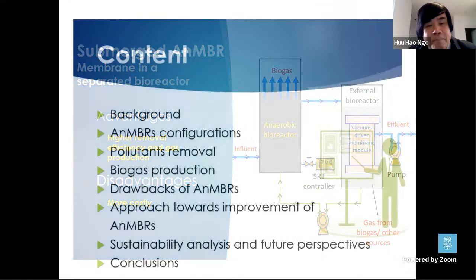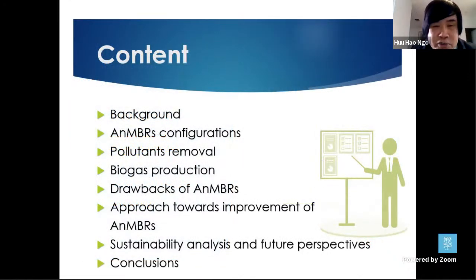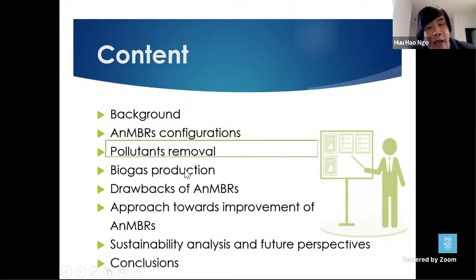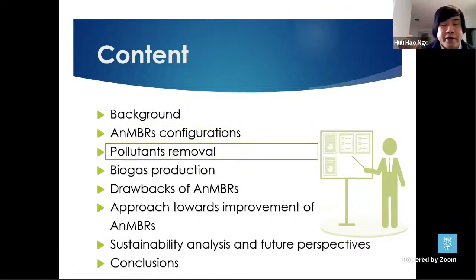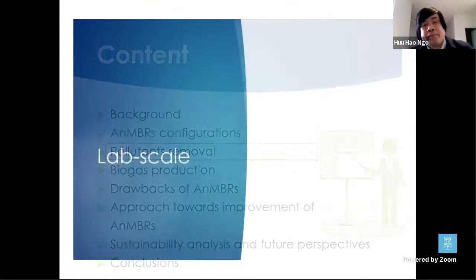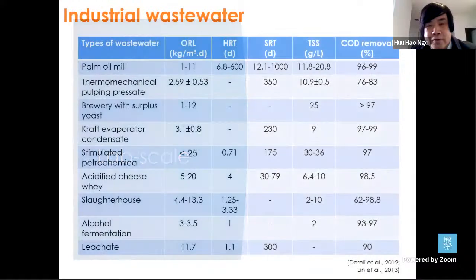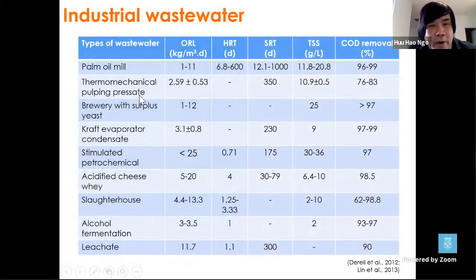All right. So I just introduced the anaerobic MBR configuration. Now we have a little bit of an idea about pollutant removal from an anaerobic MBR at lab scale. You can see different types of wastewater, from the palm oil mill, slaughterhouse or leachate.